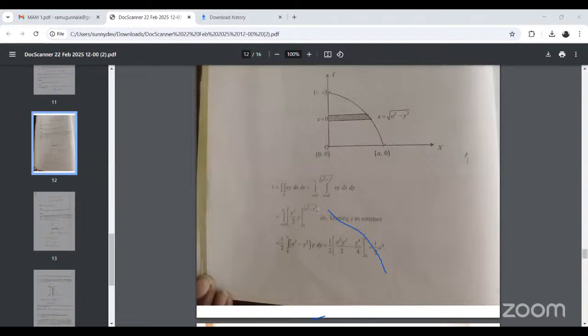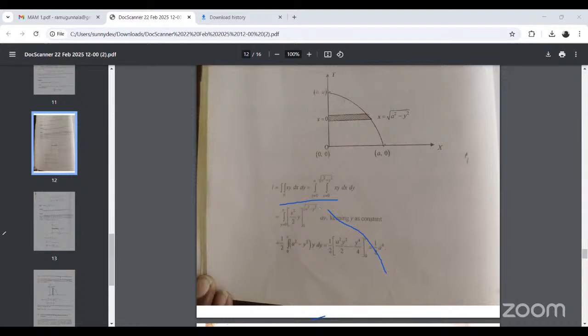So y equal to 0 to a and integration of x equal to 0 to under root of a square minus y square, xy dx dy. First we do the integration with respect to x.